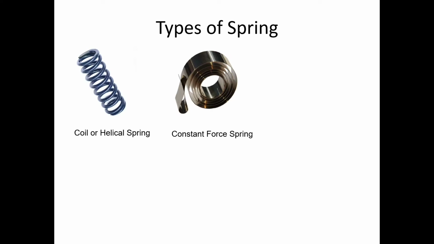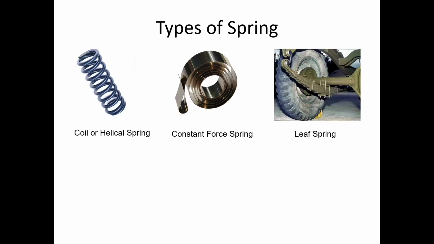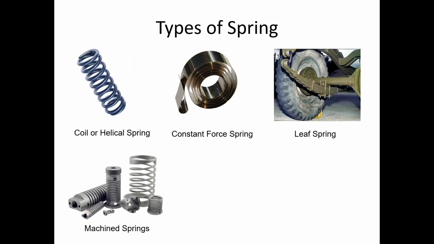This spring is made of a very thin metal sheet, and it is used in our mechanical clock. Leaf spring. This spring is mainly used for suspension, and you can find this in trucks and rail wagons. Machine spring. This spring is mainly used for heavy duty work, and it is made from a solid shaft machined by using CNC.